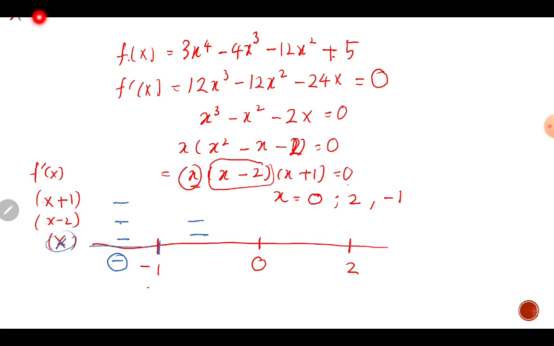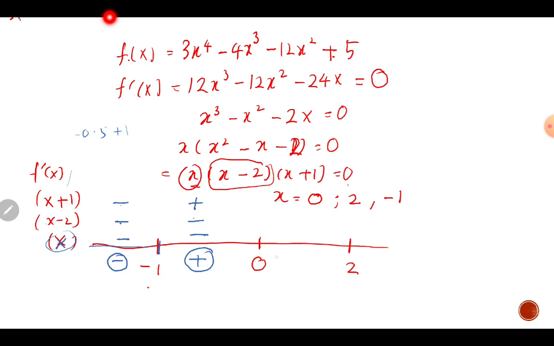Negatif 0.5 tambah 1 jadi positif 0.5. So, positif kat sini. So, positif darab dengan negatif dapat negatif. Negatif darab negatif dapat positif.